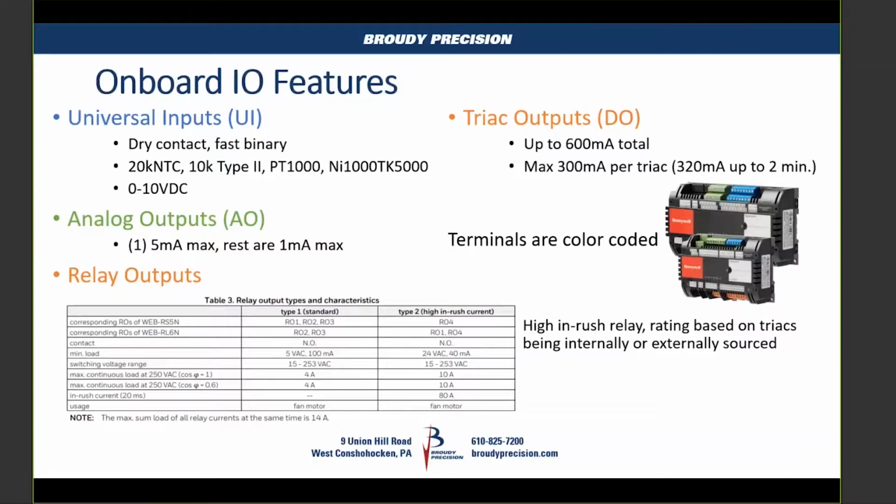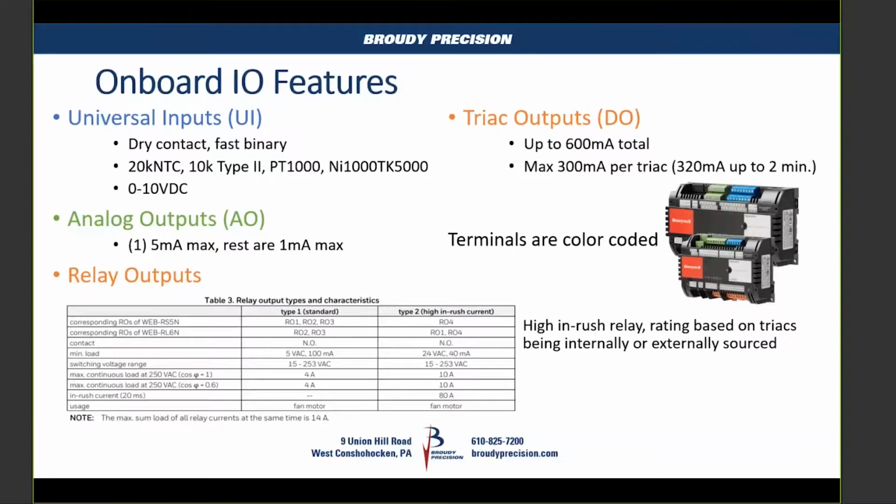It could do 20K NTC, 10K Type 2, Platinum 1000, and Nickel 1000. That Nickel 1000, TK 5000, there's a certain formula with it that's a specific type of sensor. I'm assuming that must be a popular sensor in Europe. I've never heard of it. I did look it up to make sure that it wasn't supposed to be a comma in there, like they're two different sensor types, but it's not.